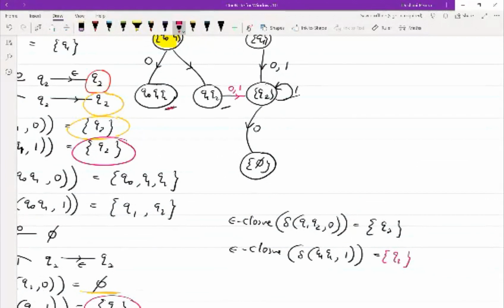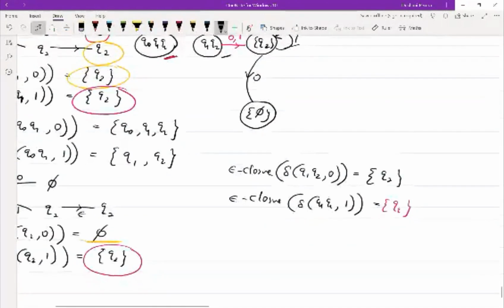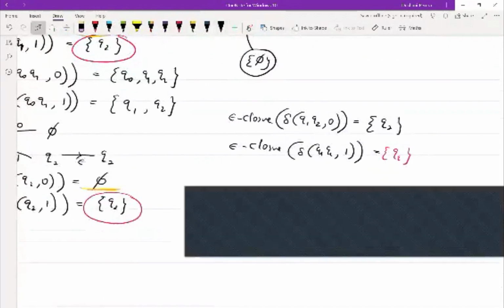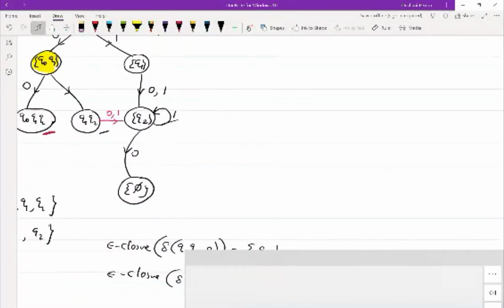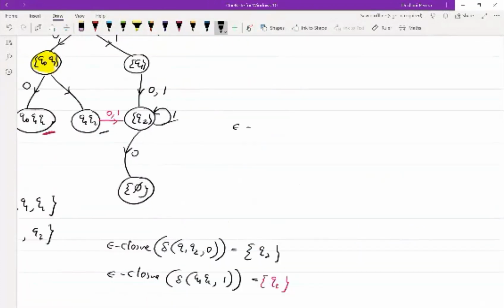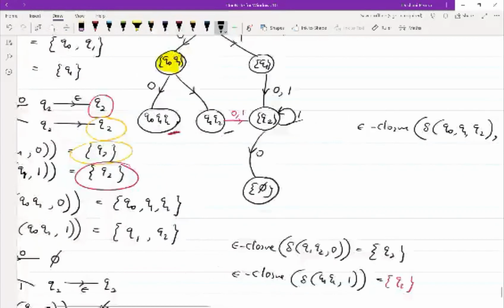Now finally, I have the remaining one, Q0, Q1, Q2. Epsilon closure of delta Q0, Q1, Q2 upon seeing 0. Where will I go if I see a 0?